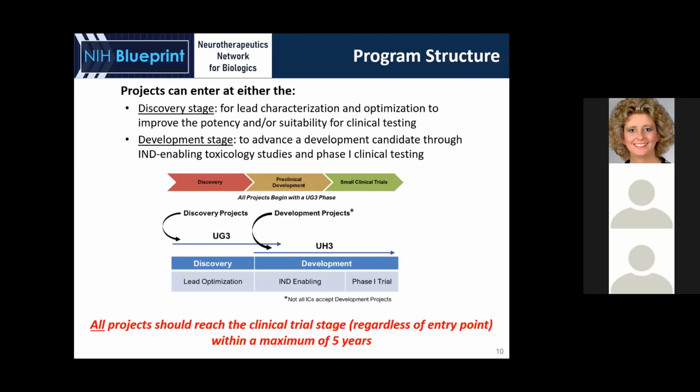So what that means is that proposals need to be very streamlined to get through everything that must be done within the desired timeframe, because all projects should reach the clinical trial stage, regardless of the activities or the entry point, within a maximum of 5 years.